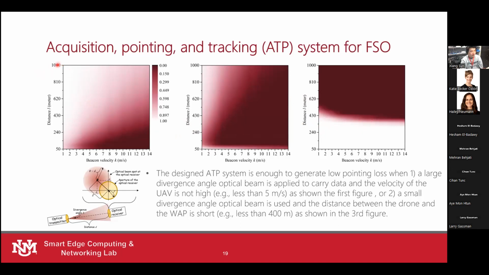Here the y-axis is the distance between the UAV, the drone, and the micro base station, and the x-axis again is the velocity. From those three figures, we can derive that the designed ATP system is enough to generate low power loss to establish the FSO-based fronthaul link when we apply the large divergence angle.